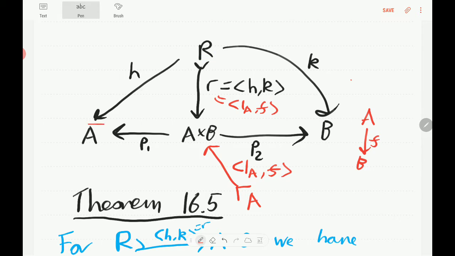So we'd be forming some graph, like in this case where H is an isomorphism, by, for our first component, doing H comma K after the inverse of H. So that would be kind of like this.